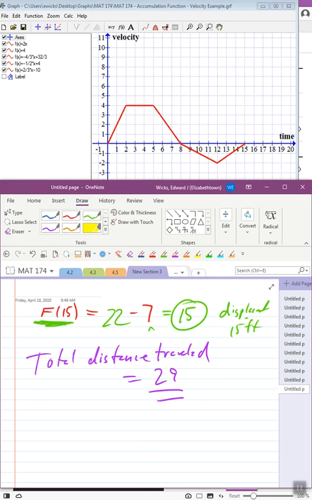Since there aren't many of these, I think doing the few that you have is important so that you get some practice looking at these pictures and answering these kind of questions. But these are similar to the kind of questions you're going to see in the homework. Various velocity and acceleration questions, displacement questions, distance traveled questions, and so on.